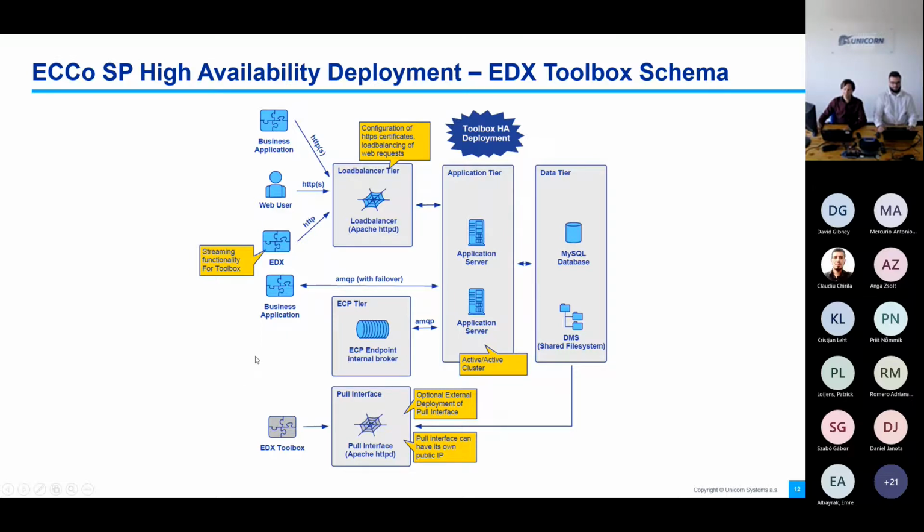Then there are also some other options like the usage of FTP, but this is very similar to the file system, and Kafka, which is again similar to ActiveMQ. Again, there will be some failover connection string. So this is the overall picture of the high availability deployment.